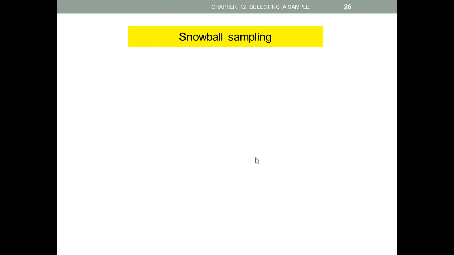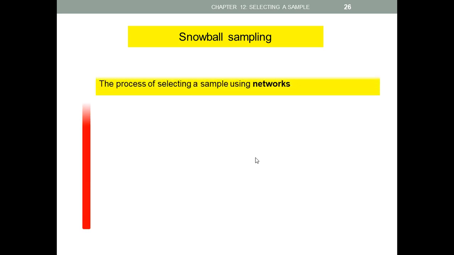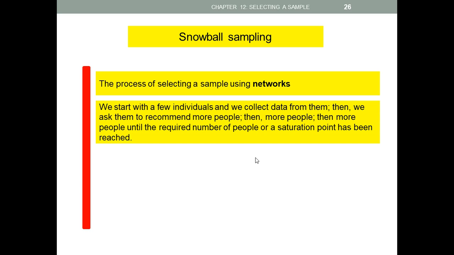Snowball sampling is the last one in this package. So how does it work? It works this way. The process of selecting a sample by using network. So you use network, you use connection in order to select your sample. For example, we start with a few individuals, okay, and we collect the data from the first few individuals, and then we ask them to identify or to recommend more people.